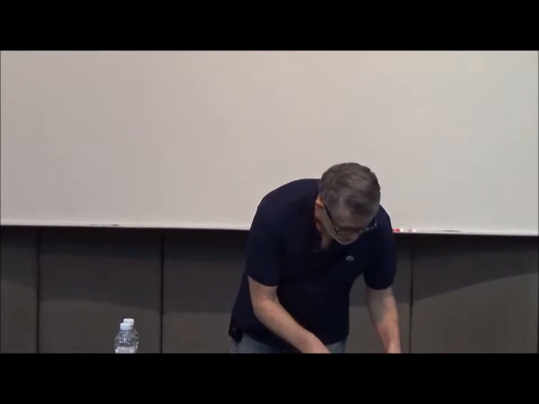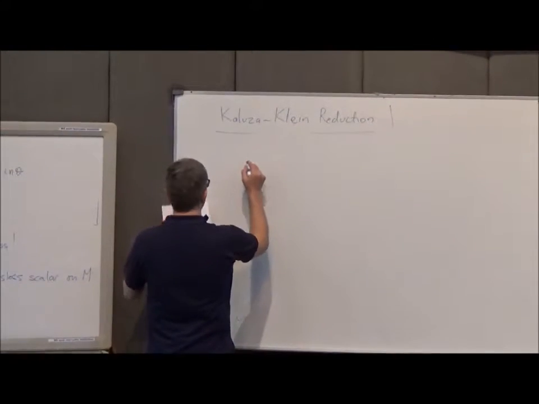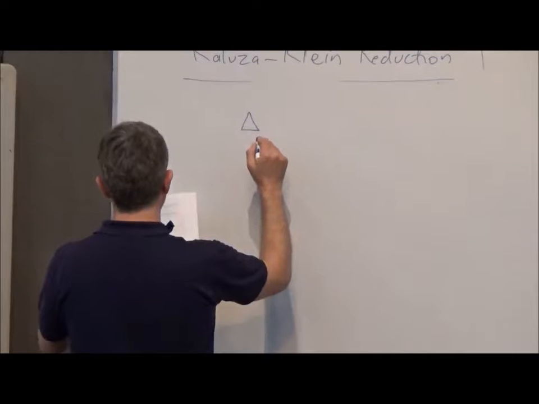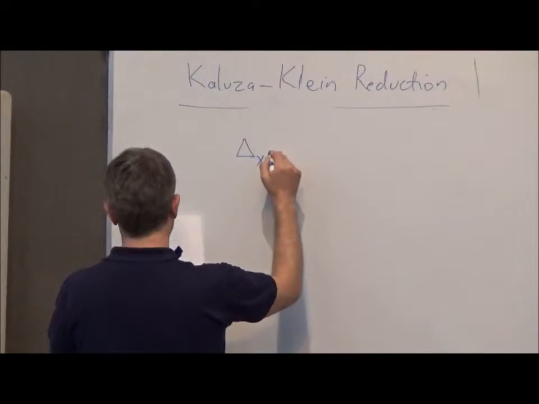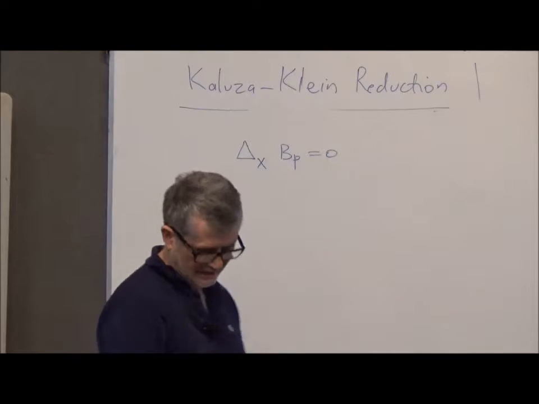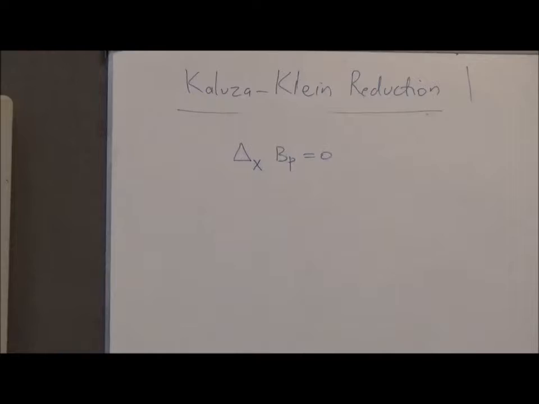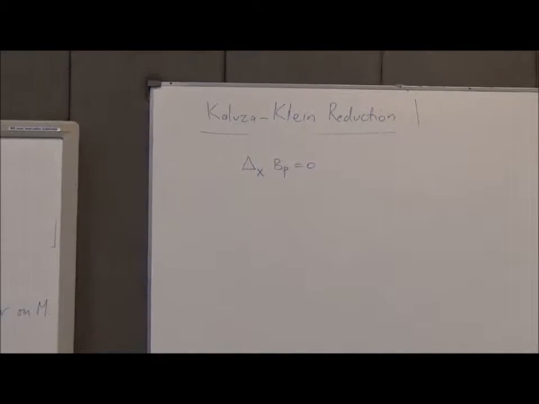So what we're going to do is fix our attention on the antisymmetric tensor fields, and ask the same question that we always asked. I'm now on X, and I've already made a mistake in my notes. Sorry.